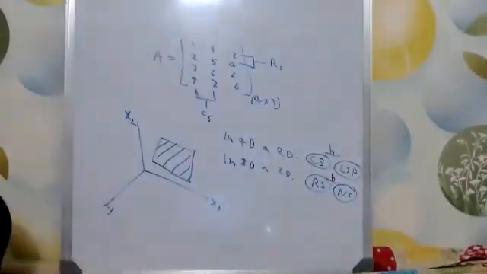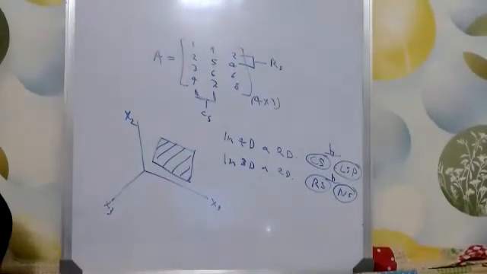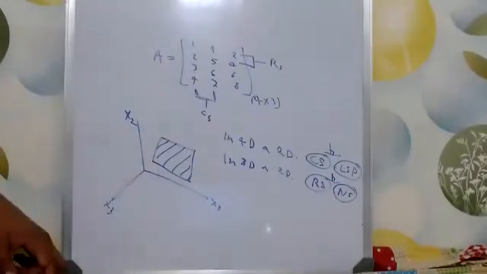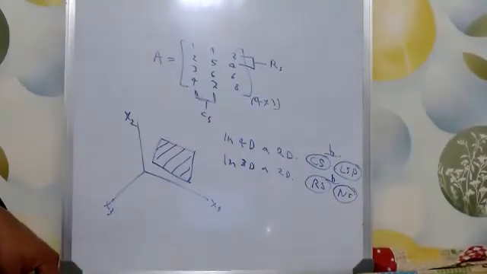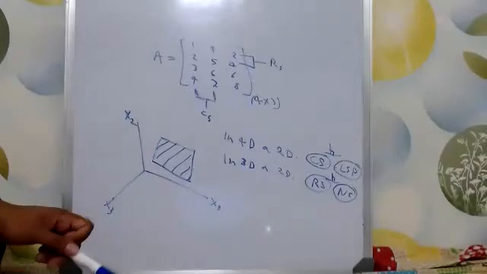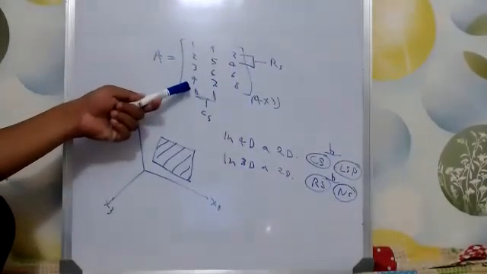Actually, in the matrix we have 3 columns, right? But the independent columns are only 2. Yes, the independent columns are 2. So it should be in 3D, as you have written? No, 2D. No, that is the dimension of the vector.